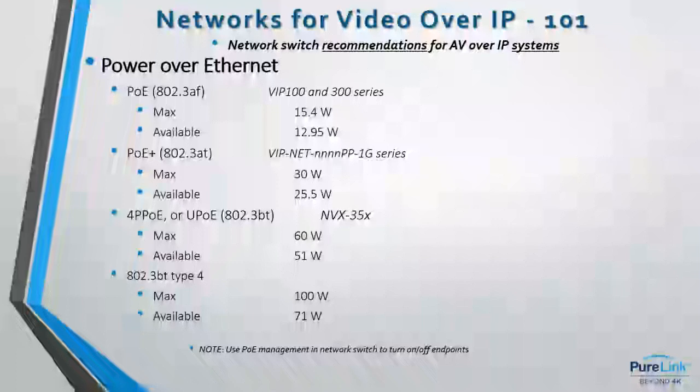That's something you think about in an installation when you have a lot of gear and you're trying to calculate BTU thermal load in your rack, HVAC, and so on. And I'm trying not to pick on anybody, but I have to. So if you look at the NVX 350 series, that uses UPoE 802.3 BT. That draws about 50 watts per device.